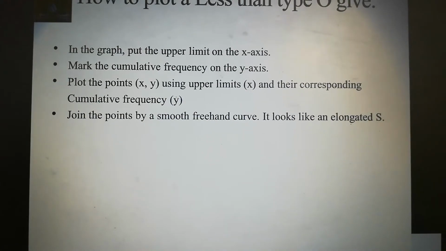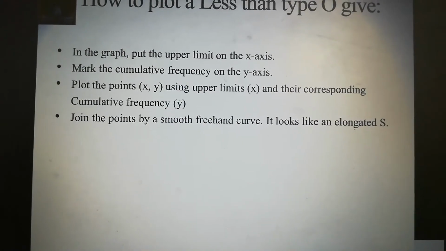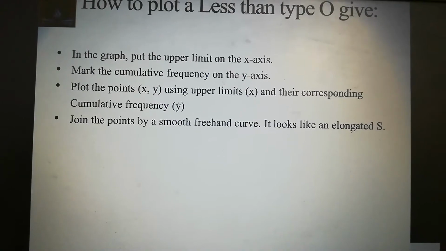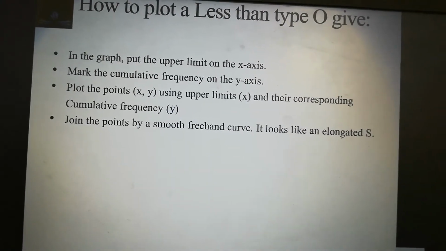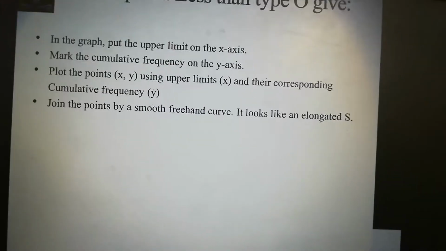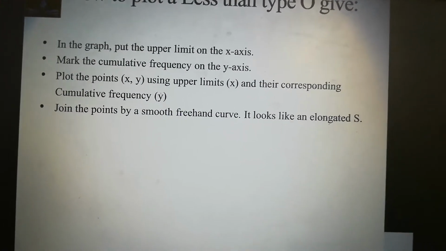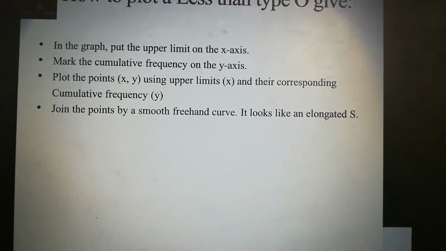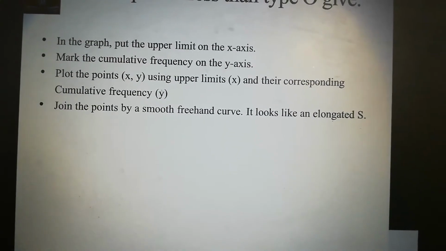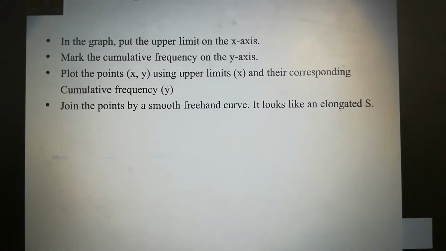Then plot the points x and y using the upper limits and their corresponding cumulative frequencies. Then at the last, join the points by a smooth freehand curve. It looks like an elongated S.